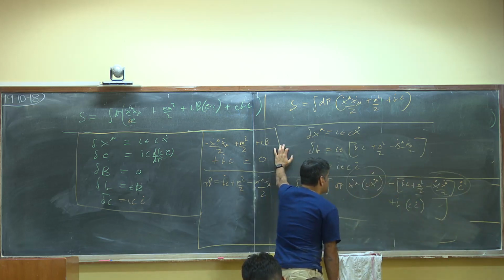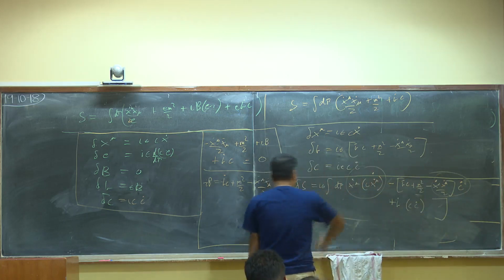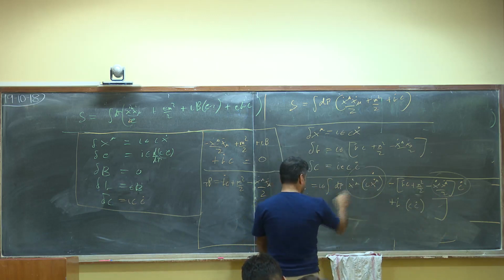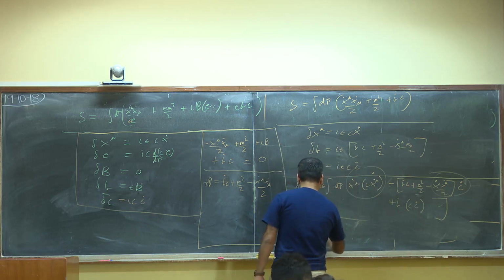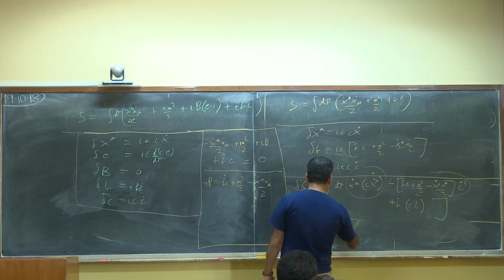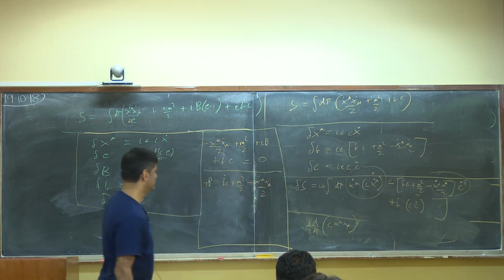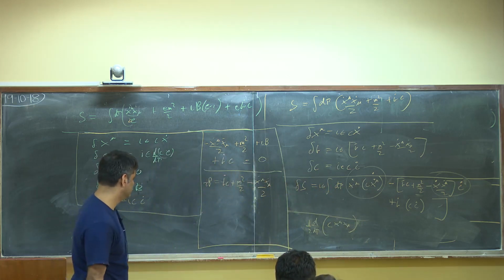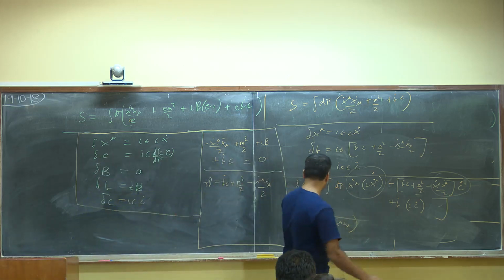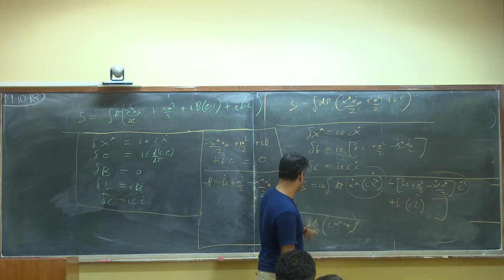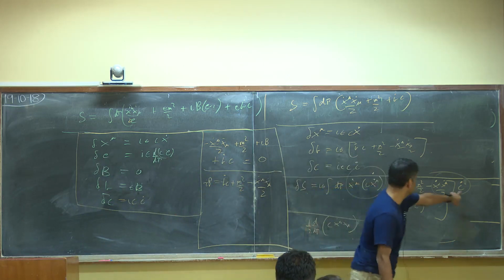What I'm claiming is that this term plus this term is d by dt of half d by dt of c x mu dot x mu dot. The second term b dot c works because of phi and B dot c works. Okay, first let's look at this term. This half d by dt c, that's the c dot here.